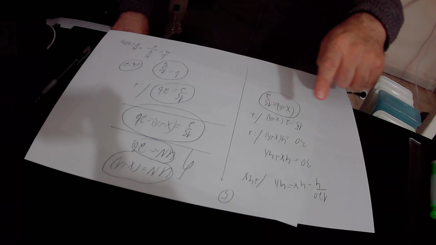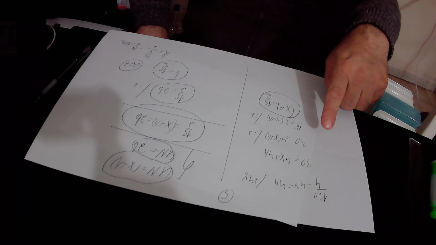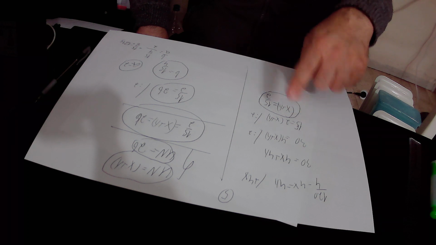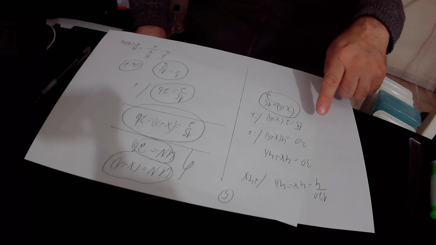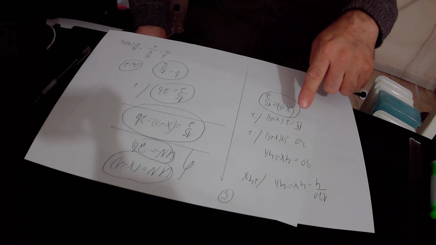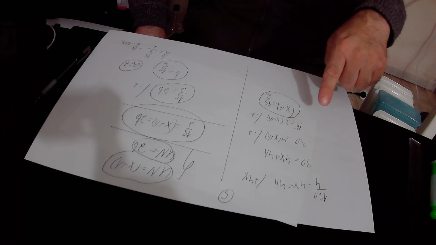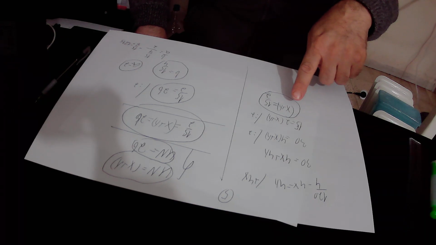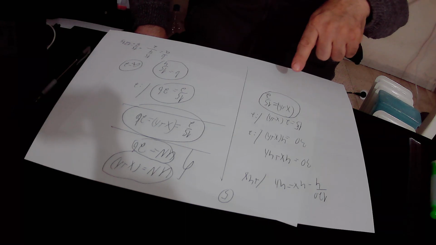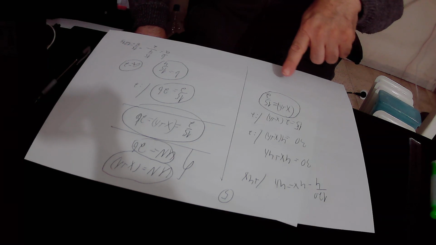We added 4x to this equation and found that 120 over 4 is 30, so 30 equals 4x plus 4h. We took 4 as a common factor from those two expressions and found that 30 equals 4 times (x plus h). We divided this equation by 2 and found that 30 over 2 is 15 and 4 over 2 is 2, so 15 equals 2 times (x plus h). We divided this equation by 2 again and finally found that x plus h equals 15 over 2.